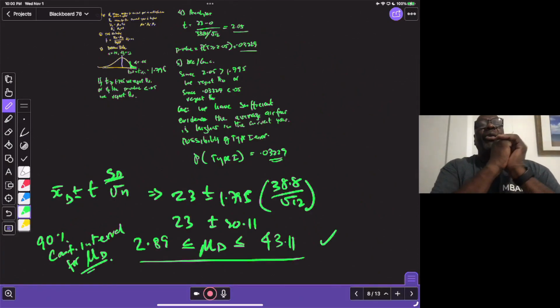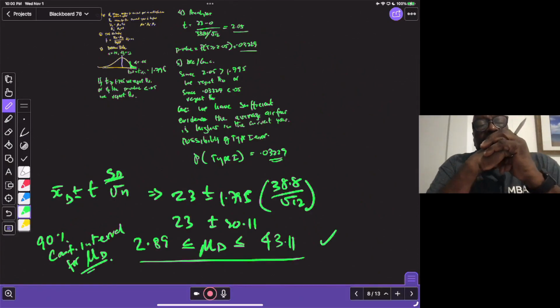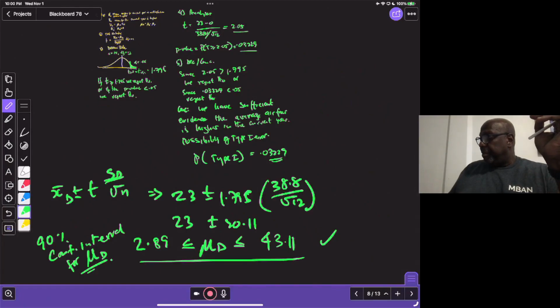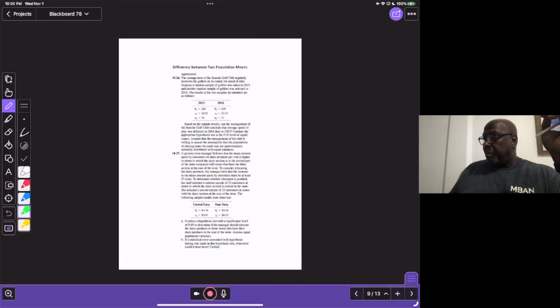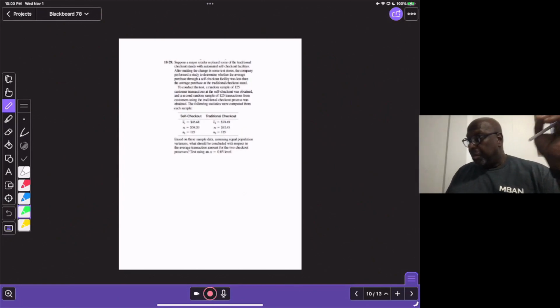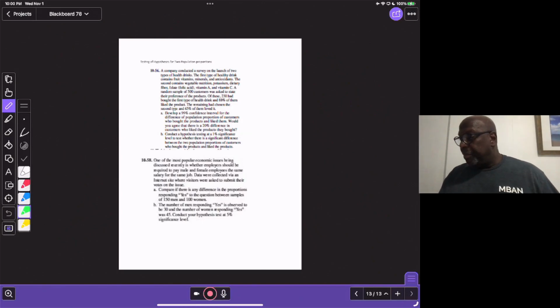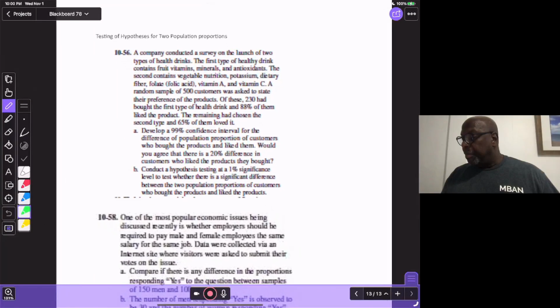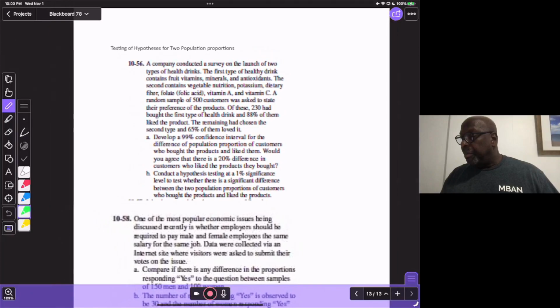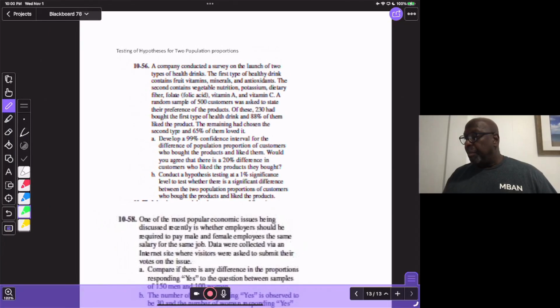We are now going to do a sample problem involving proportions. All right, so let's see what we get with this particular problem.